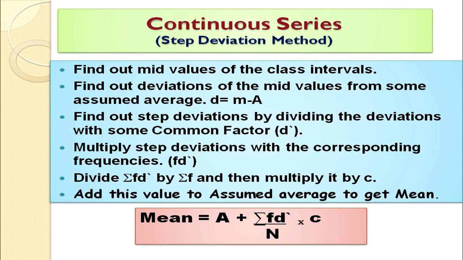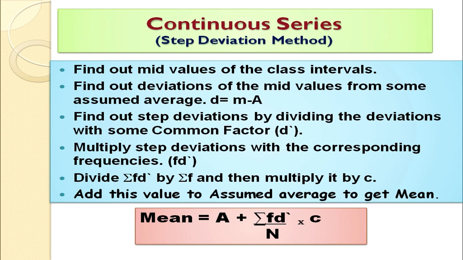Then the next step is we multiply with the respective frequencies, that means we identify the column FD dash. Once we know FD dash and F, we sum them up. So we will get summation of FD dash and summation of F, and then we are going to multiply it by C.